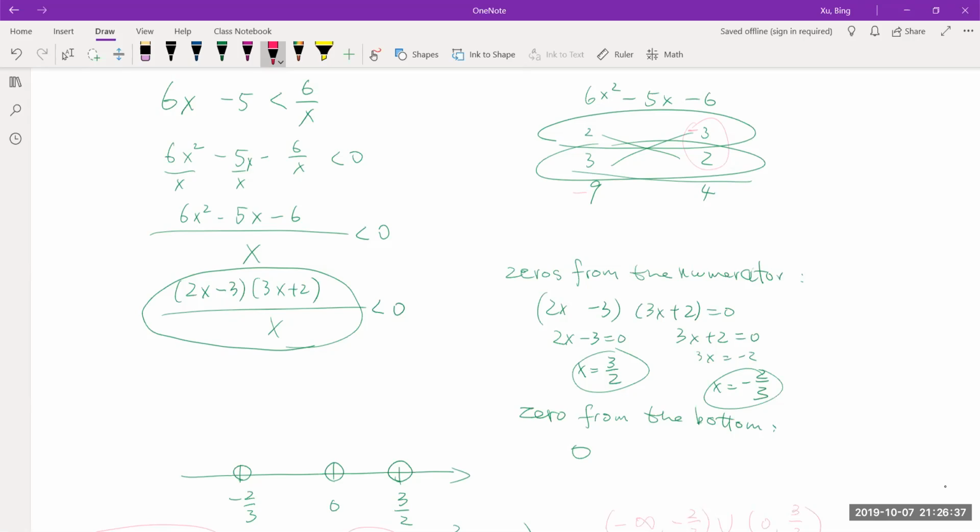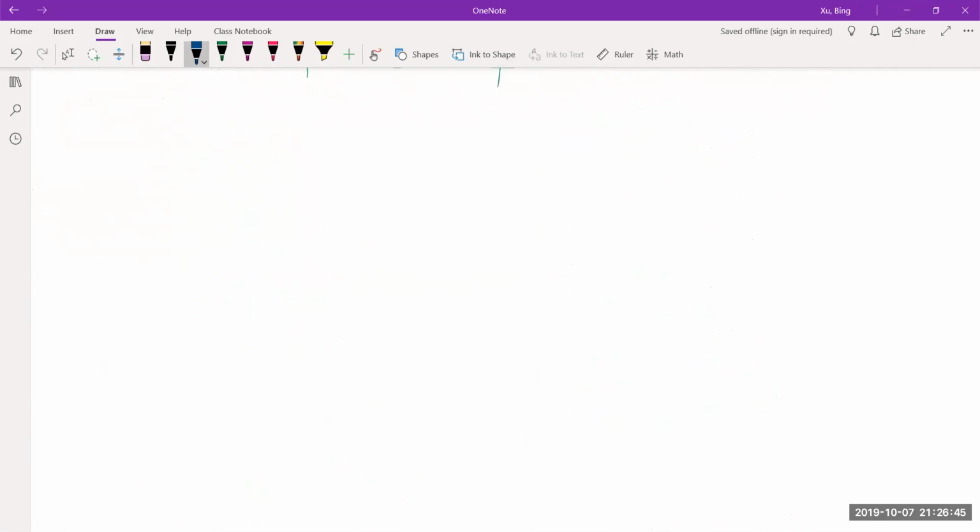Okay, so I can show it again. It's 6x squared minus 5x minus 6. So my method is to factor a and c. It's ax squared plus bx plus c.